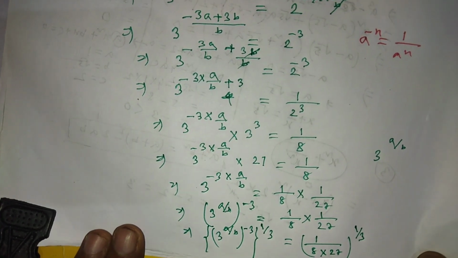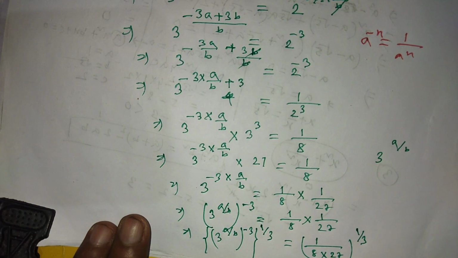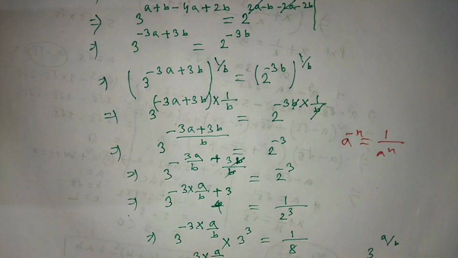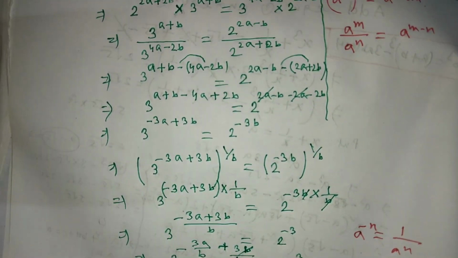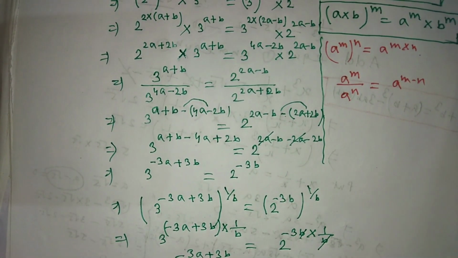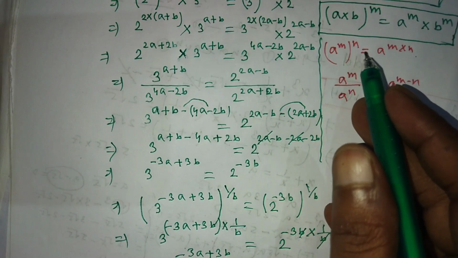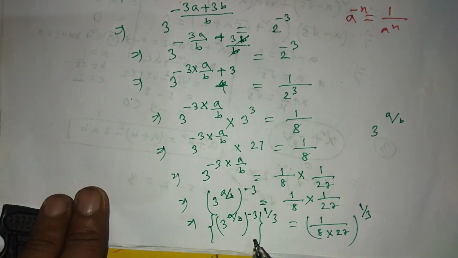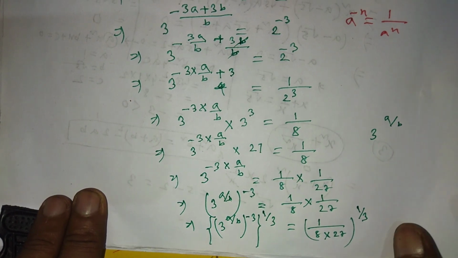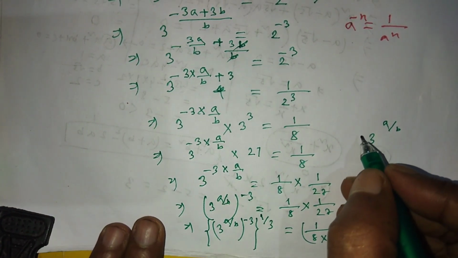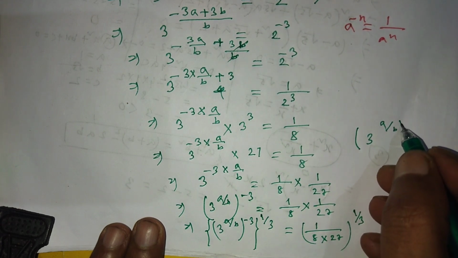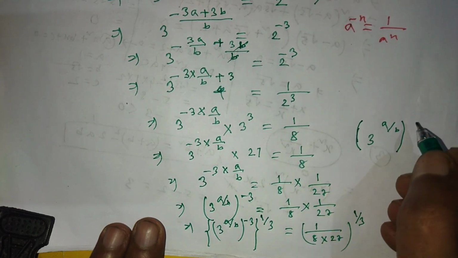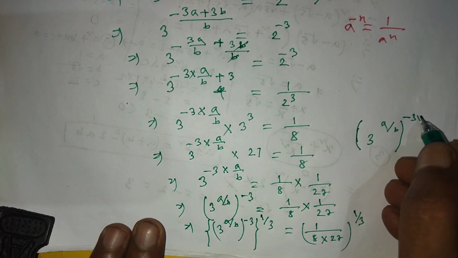Okay student, after that we have to apply the formula a to the power m whole to the power n is equal to a to the power m into n. So on both sides we have to apply the formula. On the left hand side we have to write 3 to the power a over b whole to the power minus 3 into 1 by 3.